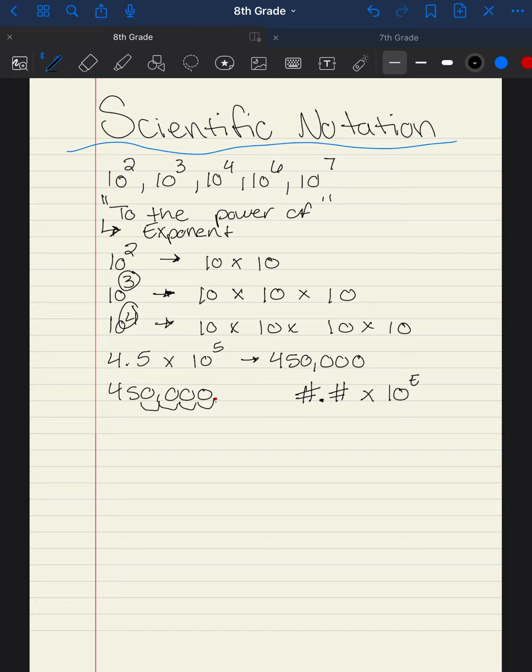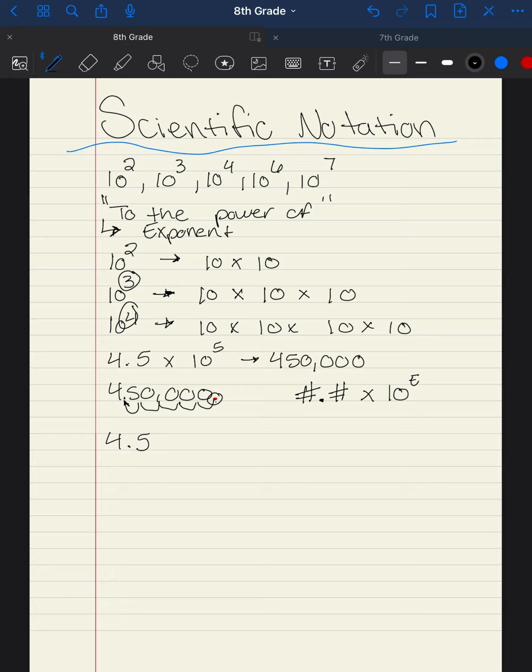Now, do we want it to be 45? No, we want this to be the smallest number possible without it being 0 in the front. So, I'm going to move it over again. 5th time. Now, our new number is what? If we move this decimal from here to here, our new number is 4.5.